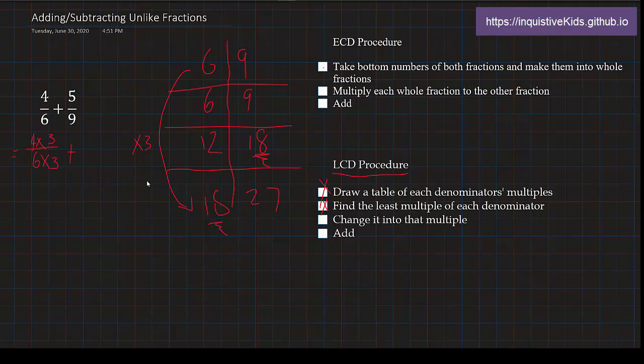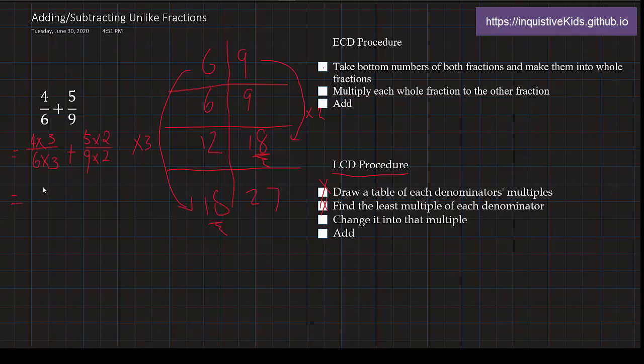Now we do the same with the 5/9. We multiplied by 2 to get to 18, so we have to do it to this 9 as a denominator. That's 9 times 2. And don't forget, we also have to multiply the numerator by the same value. So that's 5 times 2.